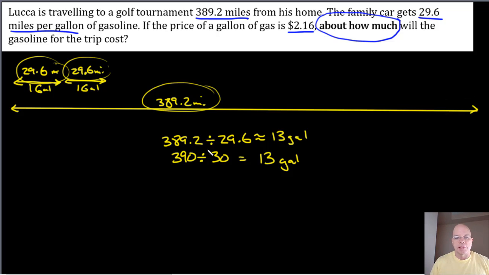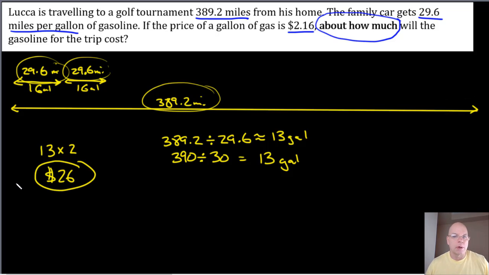We know it's not exact, but we're just estimating. And then if you took the 13 gallons of gas, each gallon costs $2.16, but we're still estimating, so instead of multiplying by $2.16, we could just multiply by 2. And we get a good estimate for the cost of the trip being $26.